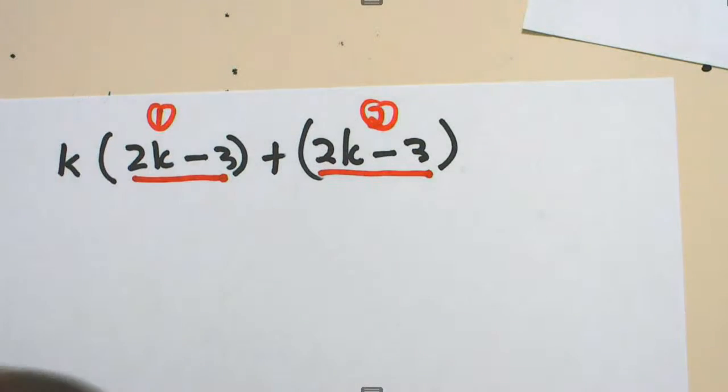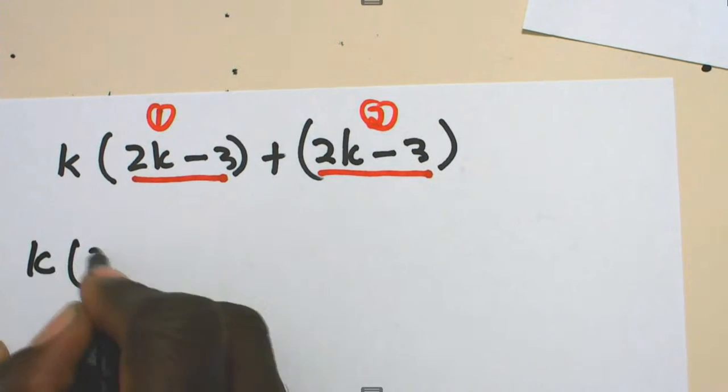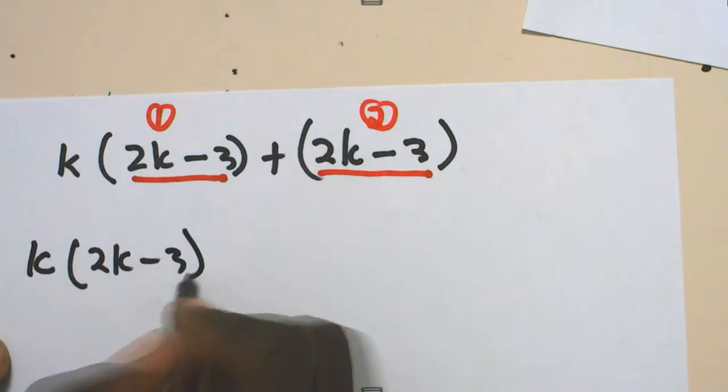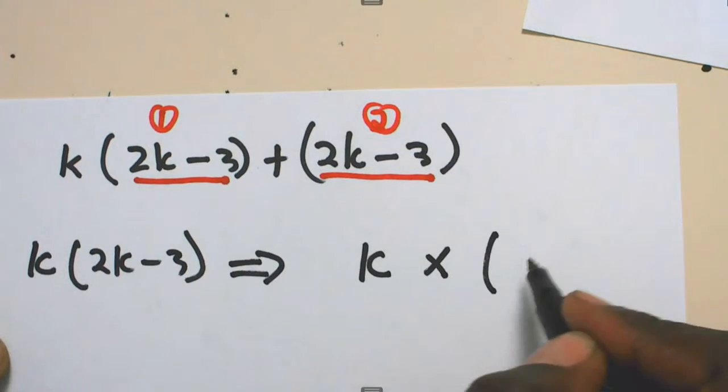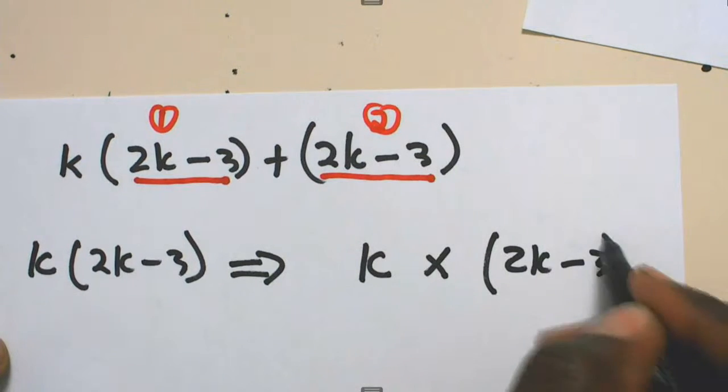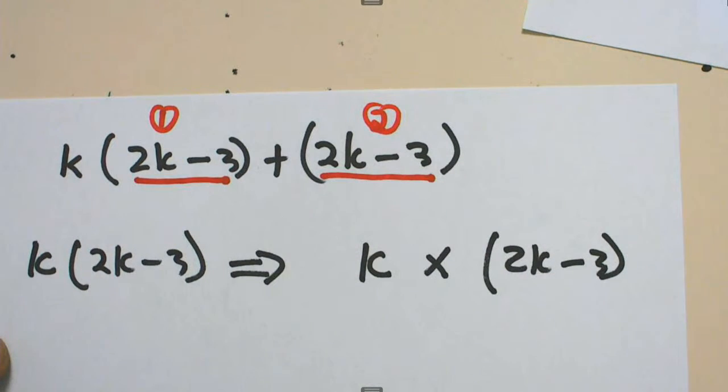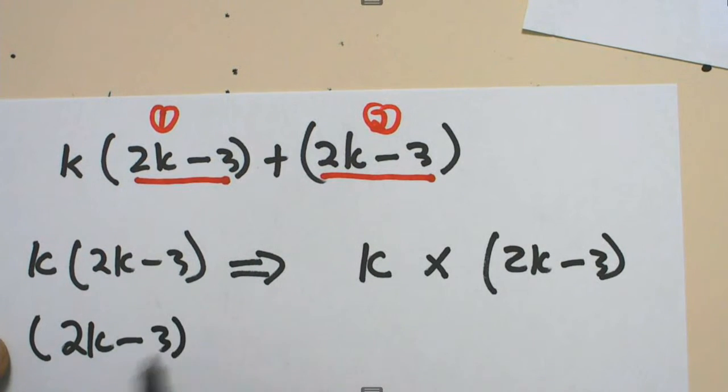The factors of k into 2k minus 3 are k multiplied by the bracket, which is 2k minus 3. These are the factors of term 1. And factors of term 2, which is 2k minus 3. Remember, there is an invisible 1 here.